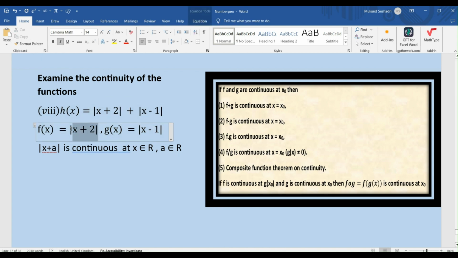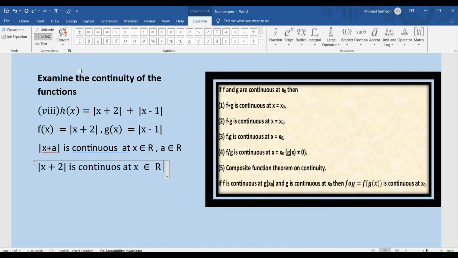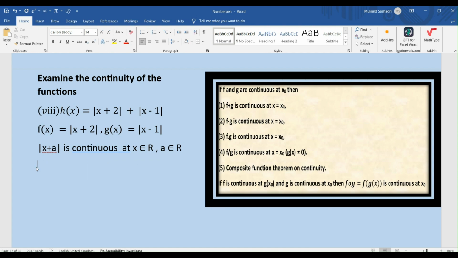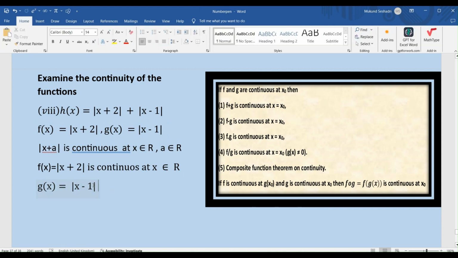So when I go back and look at what is my f of x, therefore my f of x is continuous at x belonging to R, and similarly my g of x, which is x minus 1 in this particular case, which is nothing but when I do a substitution here, my a is nothing but minus 1, right?